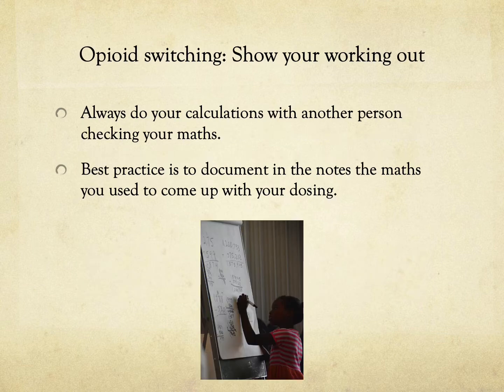When converting between opioids, always do your calculations with another person checking your maths. Even senior clinicians can make mistakes due to human error. Best practice is to document in the notes the maths you used to come up with your dosing, just like you used to write your working out during your high school maths exams. In the opioid practice videos, we will show you how we would like the working out to look like.